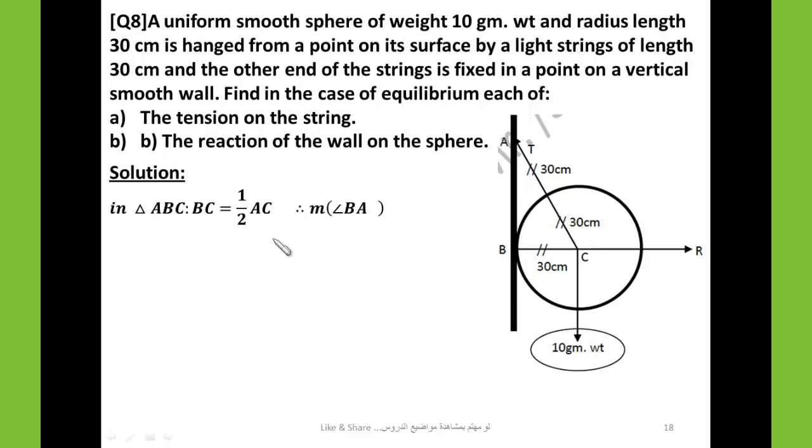In triangle ABC, BC equals half AC. So the measure of angle BAC equals 30, and the measure of angle ACB equals 60, here, this angle.